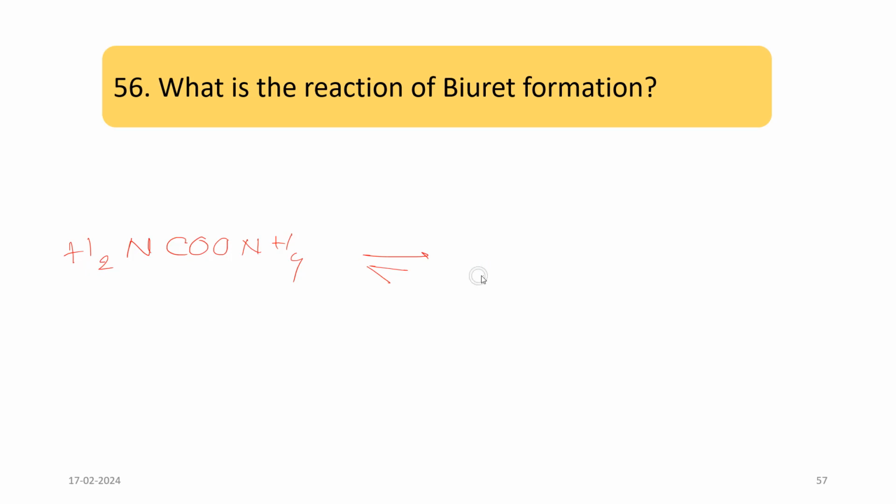It forms burette plus ammonia. So why is burette formed? Because increased temperature is maintained in the urea synthesis process, and that accelerates the decomposition of urea to burette. I have made a mistake here because it is not carbamate. Sorry.